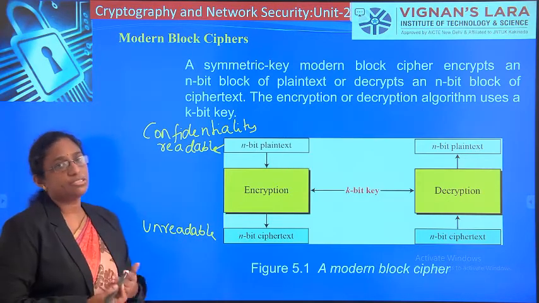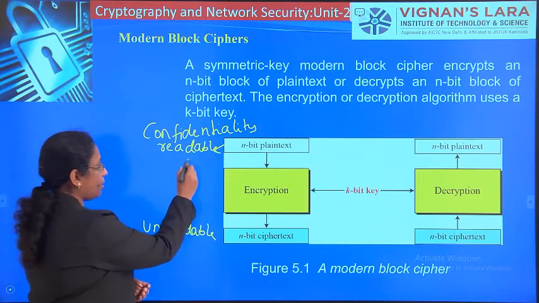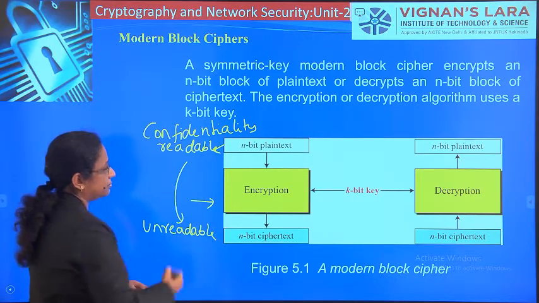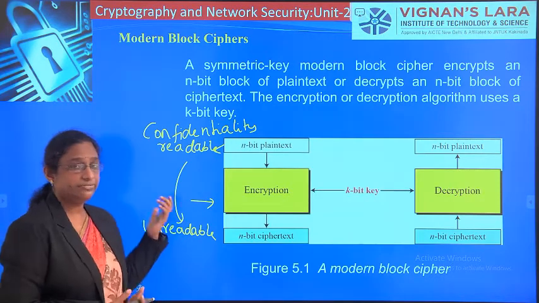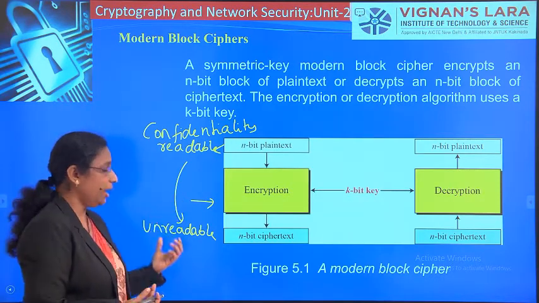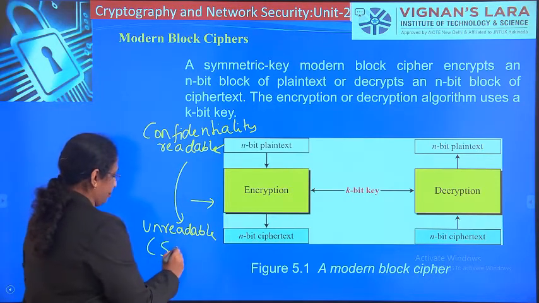The process of converting a readable message into unreadable form, sometimes called scrambled form, is called encryption.